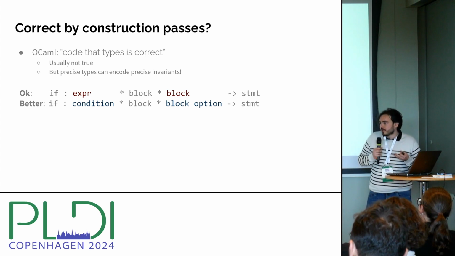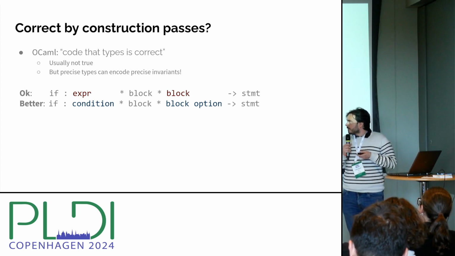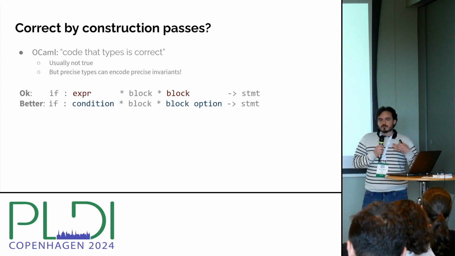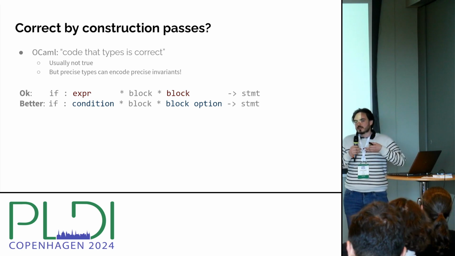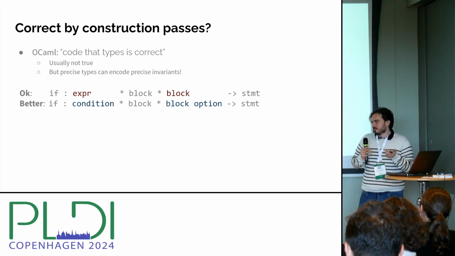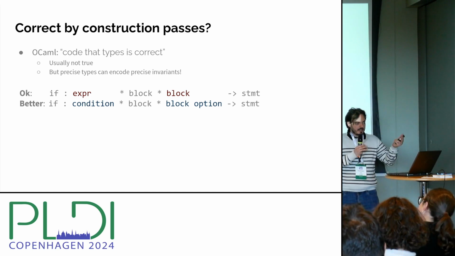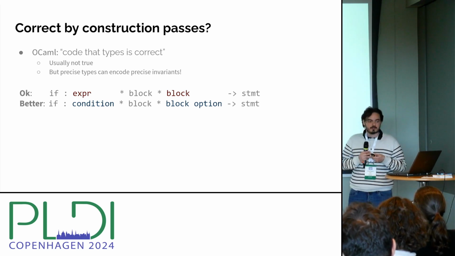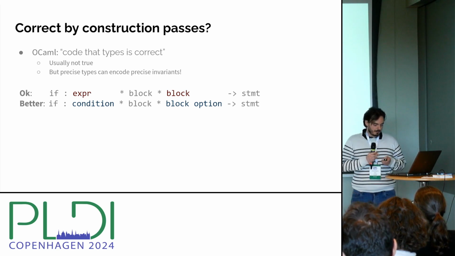But a better way to describe that with a better typing would be to have, instead of an expression for the condition, an actual condition, which would be a subset of the expressions that are of Boolean type, basically. And an optional block for the else part, because the else part is not always there.